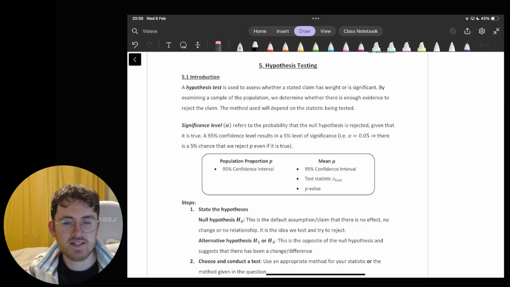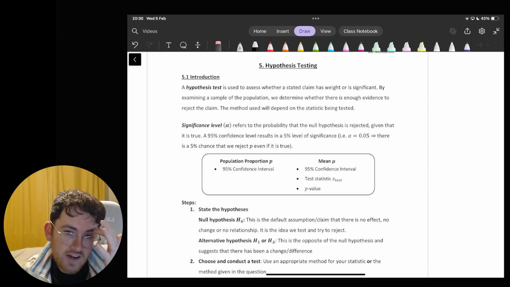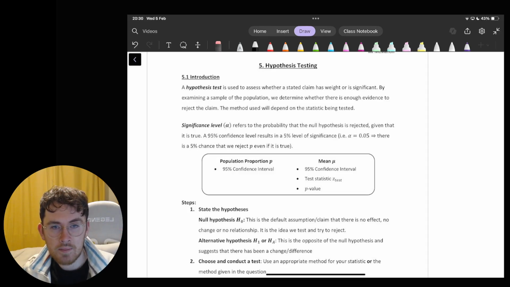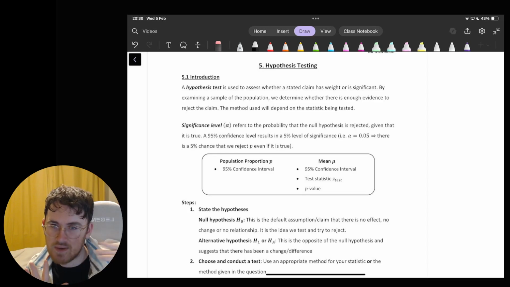The second term that we'll look at here is the term significance level. Usually the letter alpha would be used to represent significance level, and that refers to the probability that the null hypothesis, which is one of our hypotheses that we're testing, is rejected given that it is true. What that means basically is that if I'm 95% confident that the true value lies within that range, tying it back to our confidence intervals that we've looked at already, then there's always this 5% chance that it doesn't, or that the value doesn't lie within that range.